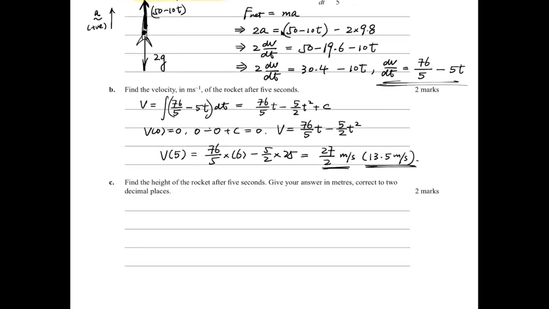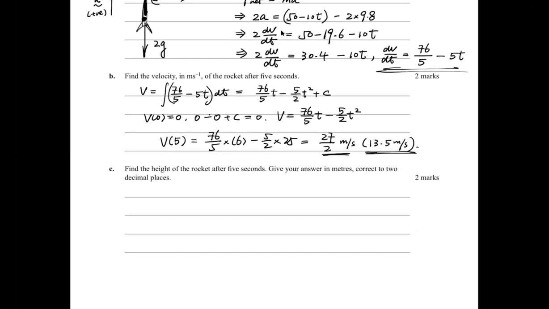Now you want to find the height of the rocket after 5 seconds. There are several different attempts, but here I really want to emphasize, okay, I'm not using x, I'm using h. Let h be the height. dh/dt is your velocity.